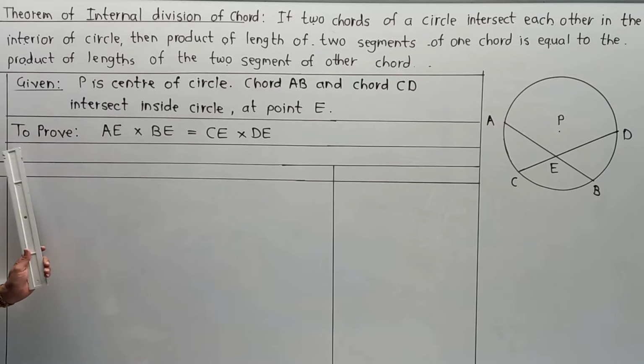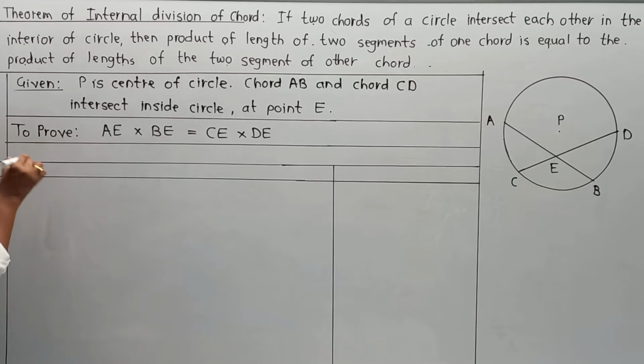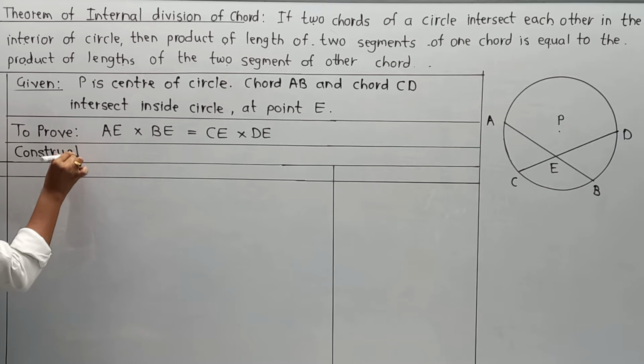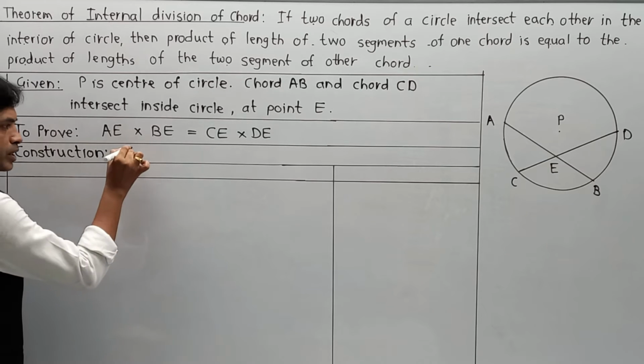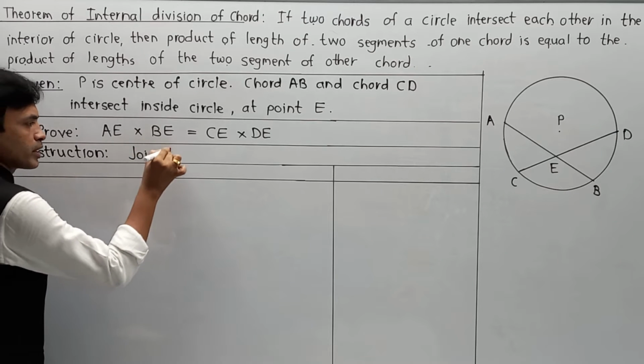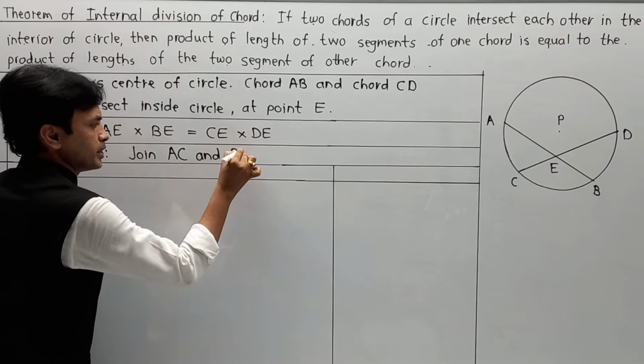Now here we are going to make a slight modification in the diagram, and that is nothing but construction. Just to complete the structure we are going to convert it into triangles. So construction: join AC and BD.